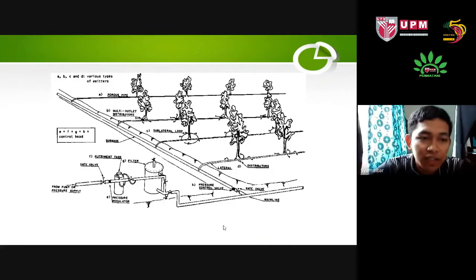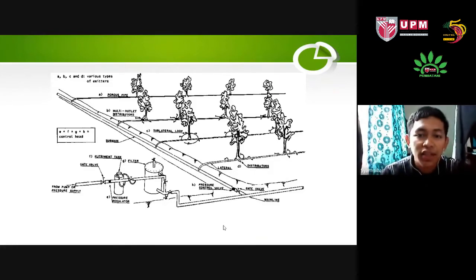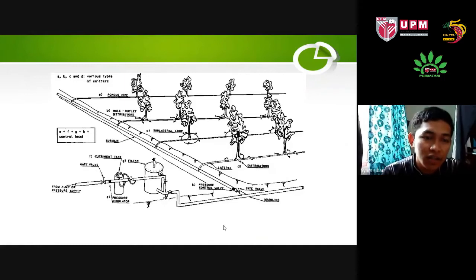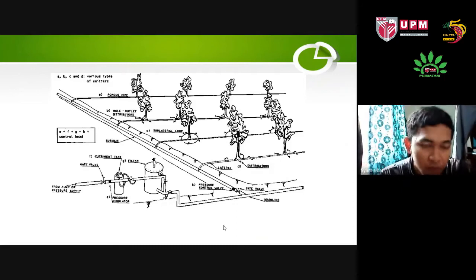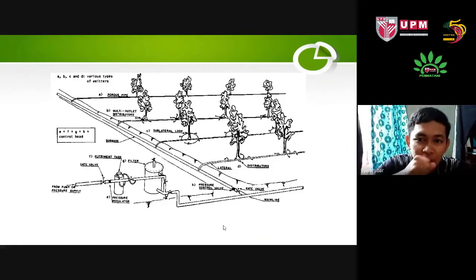The function of the control head is that it has a valve to control the discharge and pressure in the entire system. It also has a filter, as you can see in the figure, to filter and clean the water. It also has a special component, which is the nutrient tank and fertilizer.